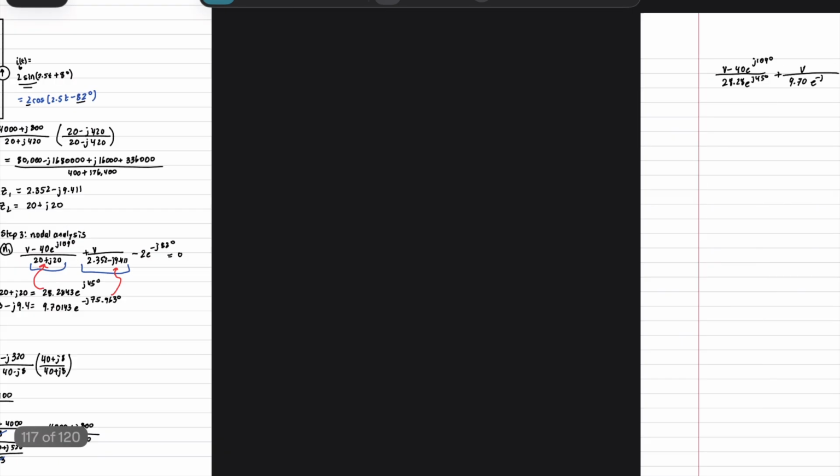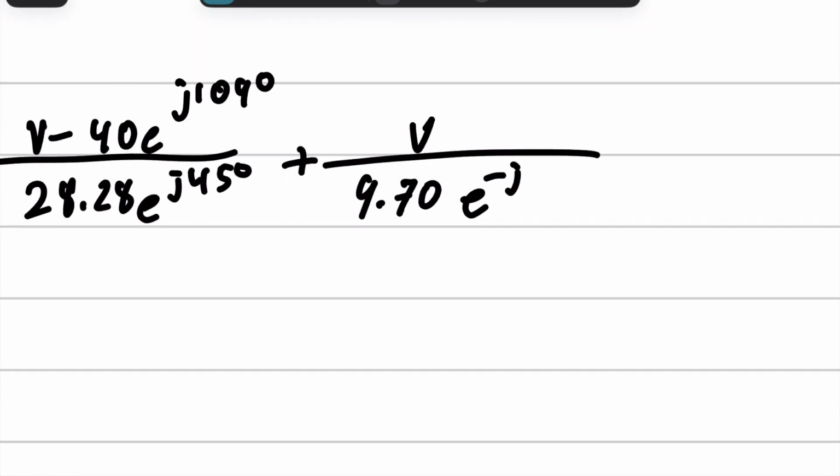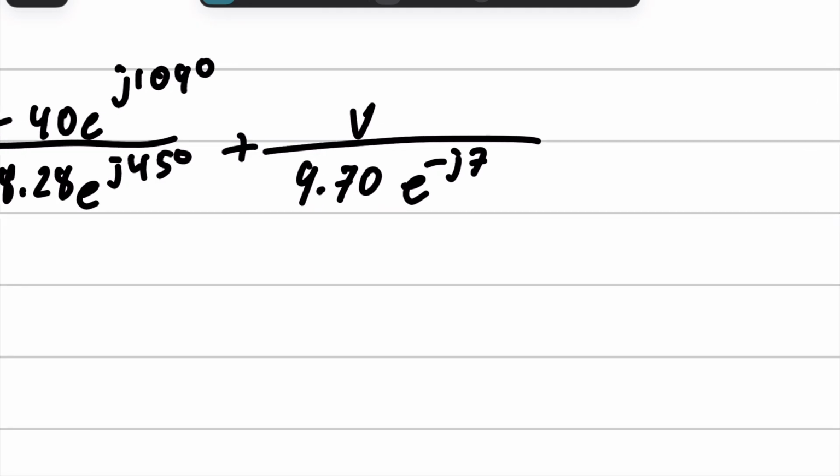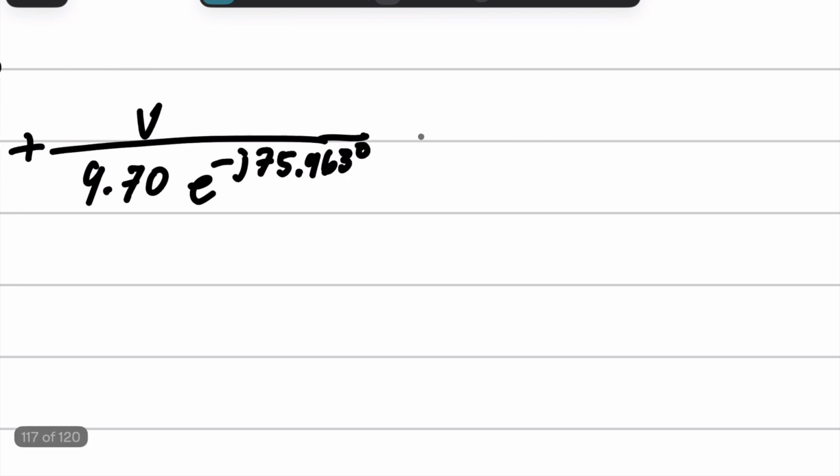So let's go back and change that right here. I was actually going to write the wrong number. But this is why I wanted to do this, because I make a lot of mistakes too. So minus 2e^(-j82°) equals 0.